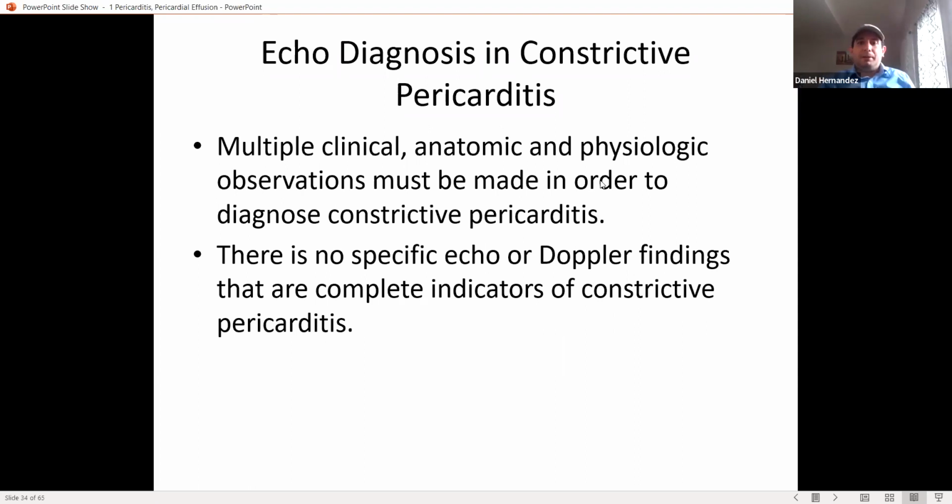So echo diagnosis for constrictive pericarditis. There are multiple clinical, anatomic, and physiologic observations that must be made in order to diagnose constrictive pericarditis. And there are no specific echo or Doppler findings that are complete indicators of constrictive pericarditis.